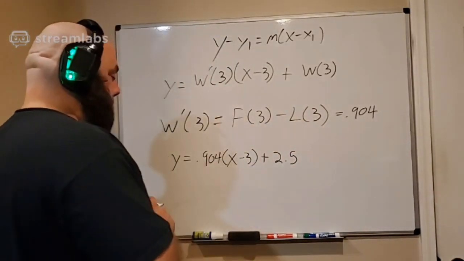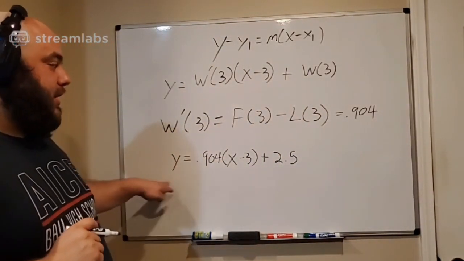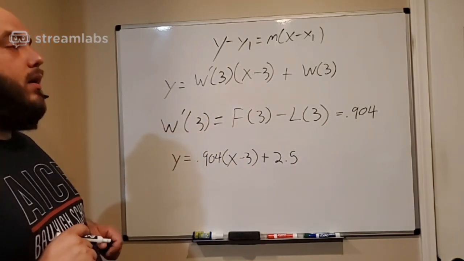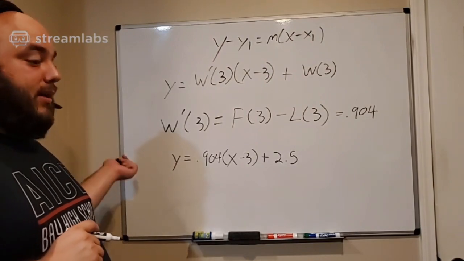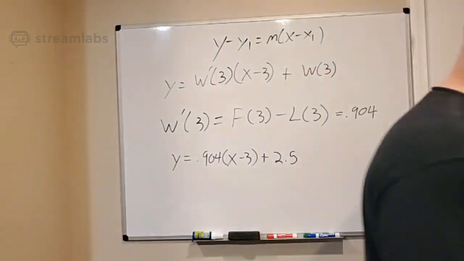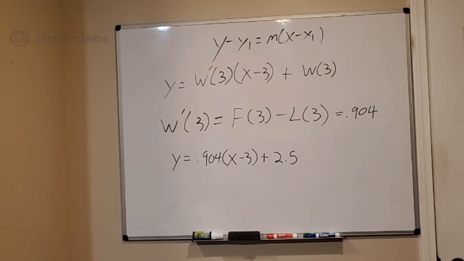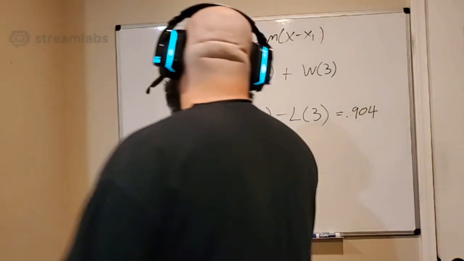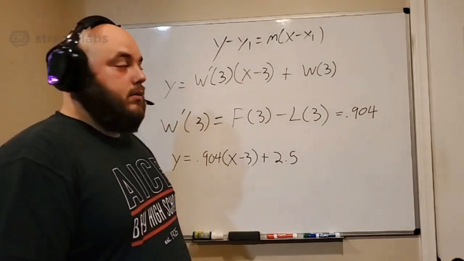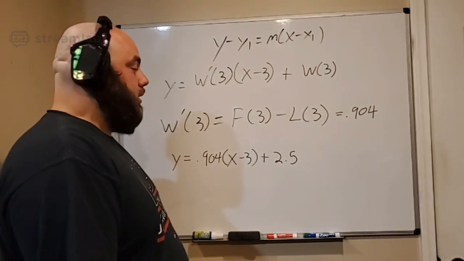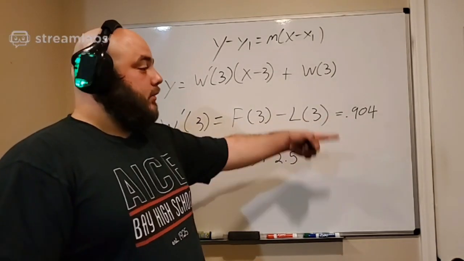That's the first step. The second step says to use that linear approximation to figure out how many gallons are in it at what time? Was that also 2.5? No, 3.5. So now they want to know what the approximation is for 3.5. Well, how did you get 0.904? That's by plugging in F of 3 minus L of 3. There are functions you can use on your calculator to figure out that answer. I just got it from the answer key because I didn't feel like plugging it in.